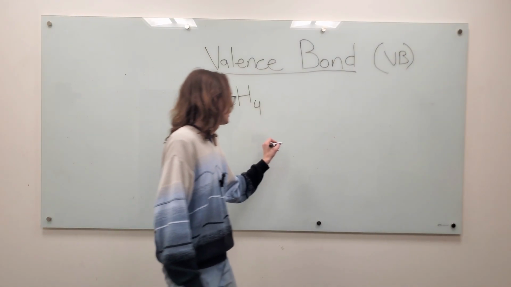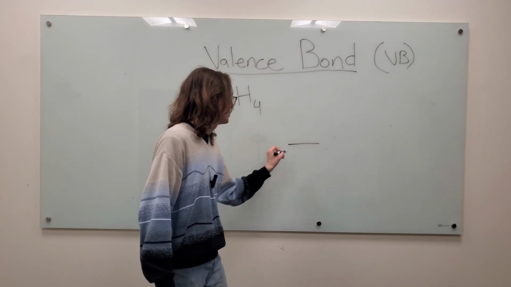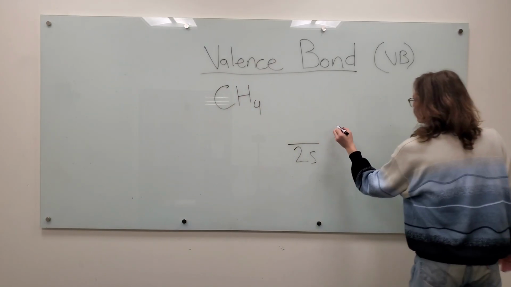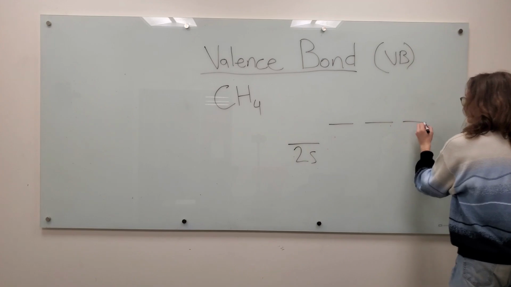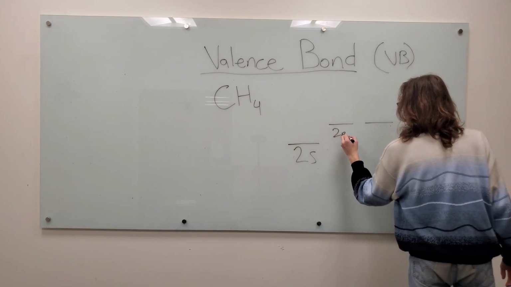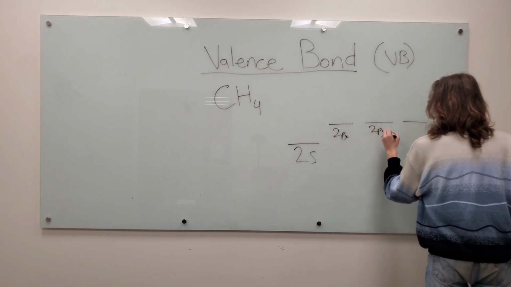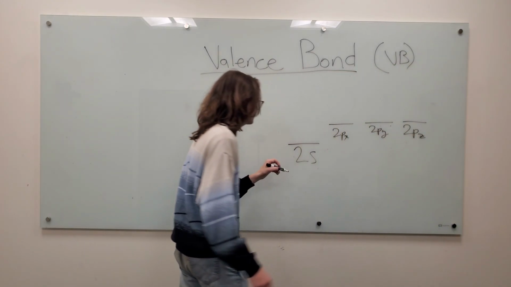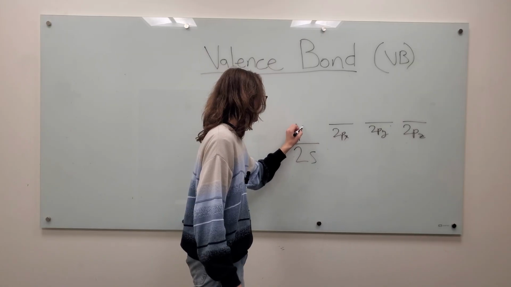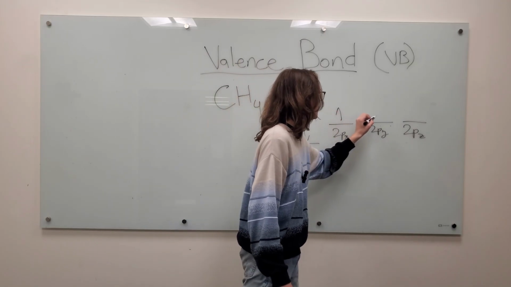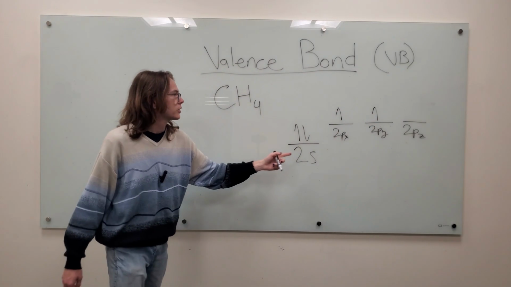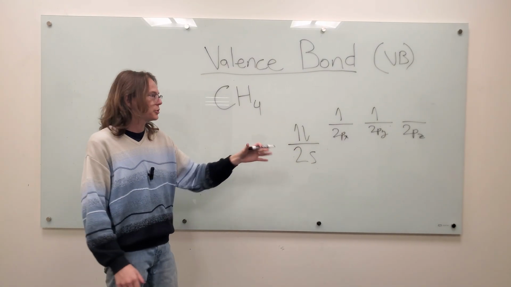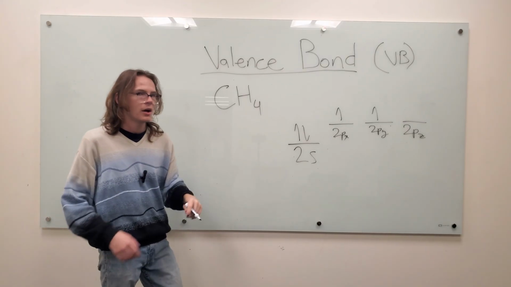So we probably recall that, for example, if we have carbon's valence shell here, we've got 2s, and then carbon also has its 2px, 2py, and 2pz orbitals. And so carbon looks like this. If we were to write out its energy level diagram, it would look something like this.